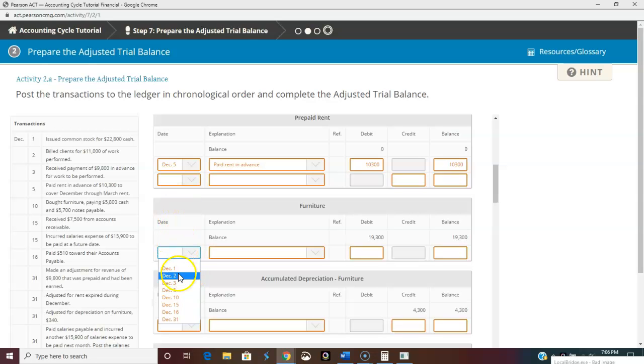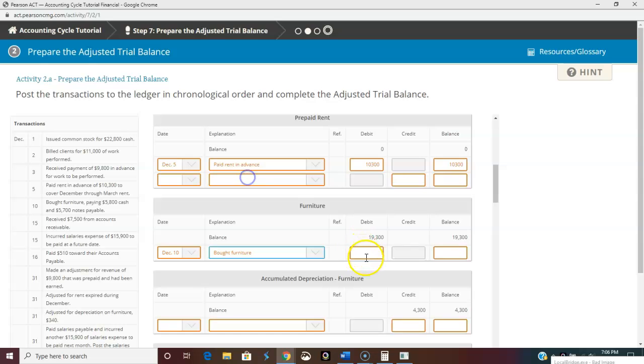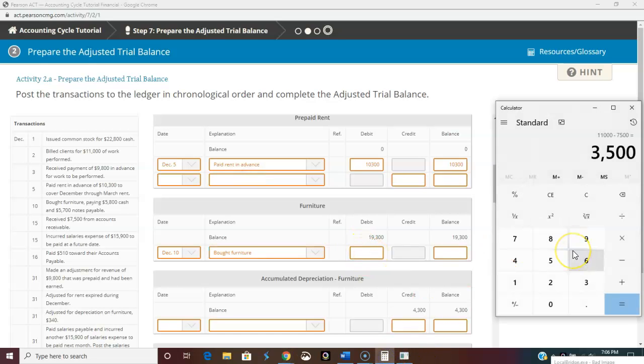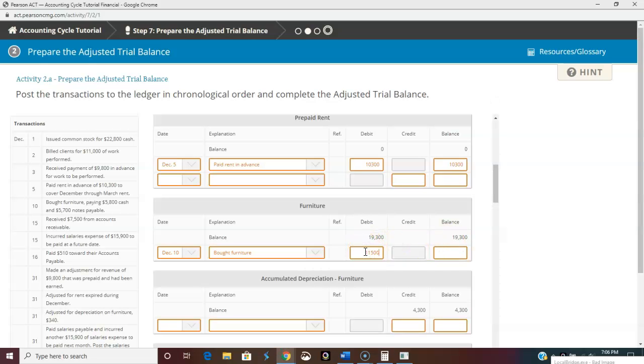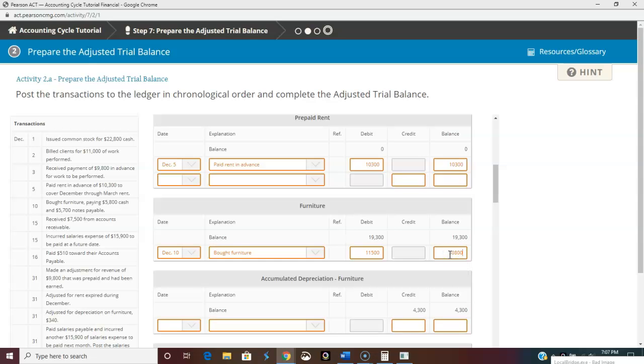I'm going to go back to those others when we get to them. No, on the 10th. Bought furniture, we paid 5,800 cash plus 5,700 on a note payable, so it's 11,500. And so the total of your furniture is that plus the 19,300. It's 30,800.